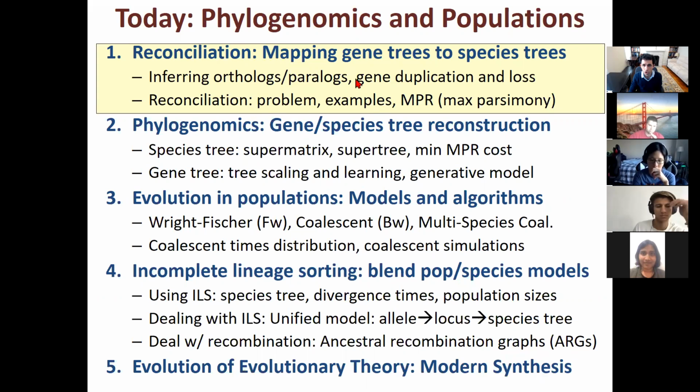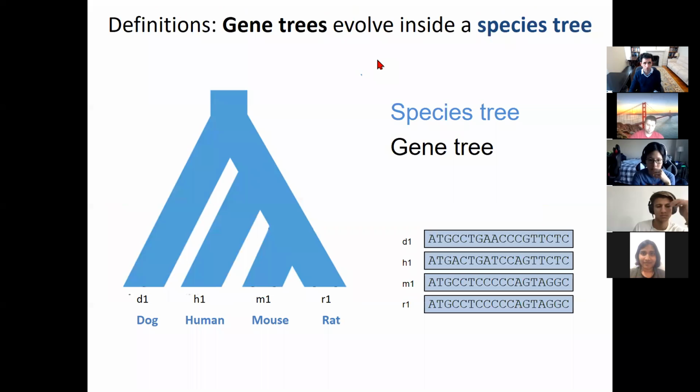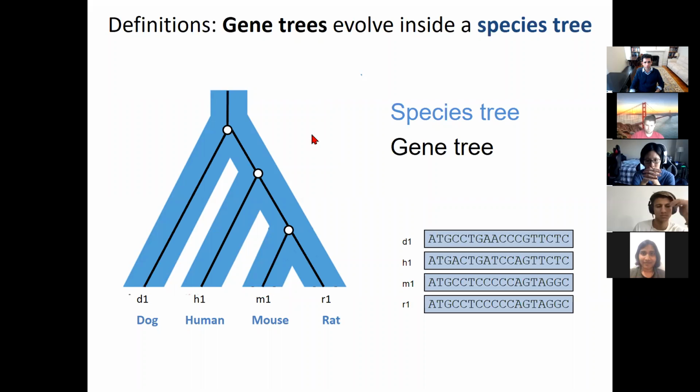First of all, how do we map gene trees to species trees? So basically, the way that you have to think about gene trees is that they're evolving inside a species tree. And in particular, if you look at everything that we've been studying so far in phylogenetics, we've always had branches unlabeled.